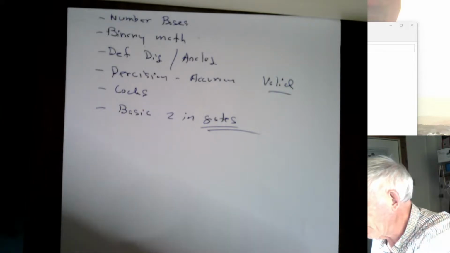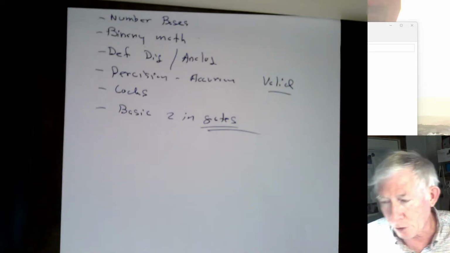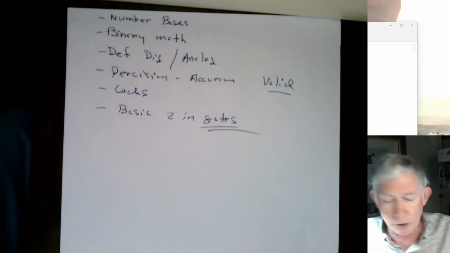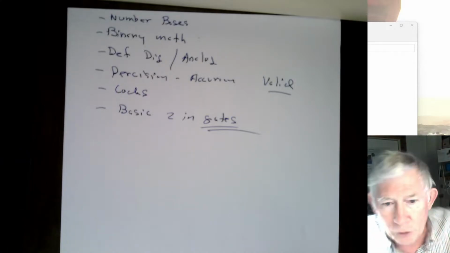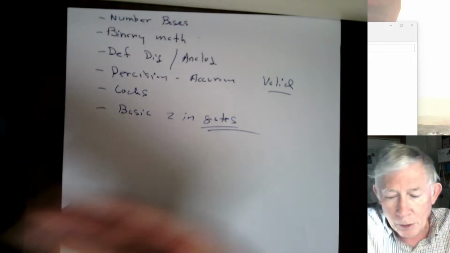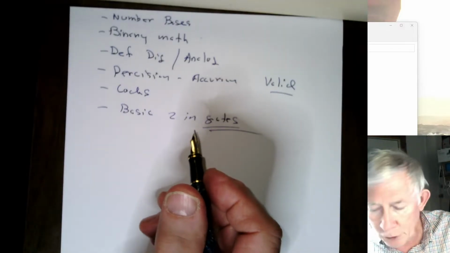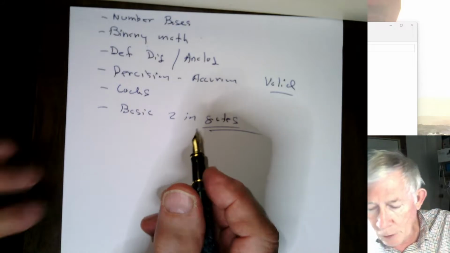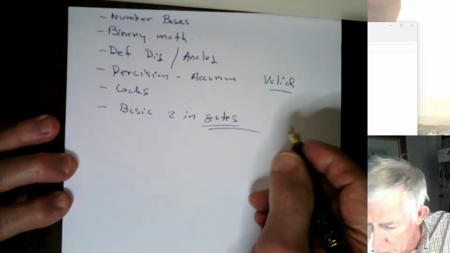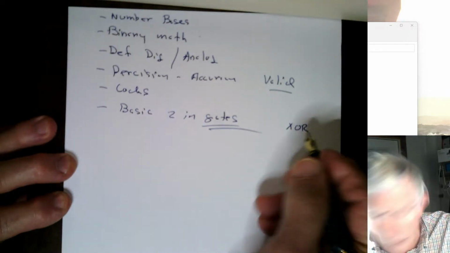The definitions for multiple inputs for all of them are pretty much obvious, with the exception of the exclusive OR gate, and it's not obvious what it is for multiple inputs. So I'll make a note. We'll come back to that.